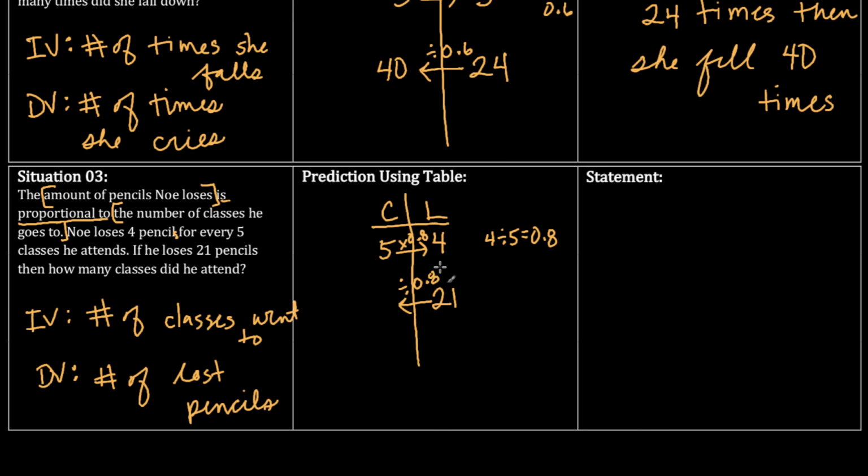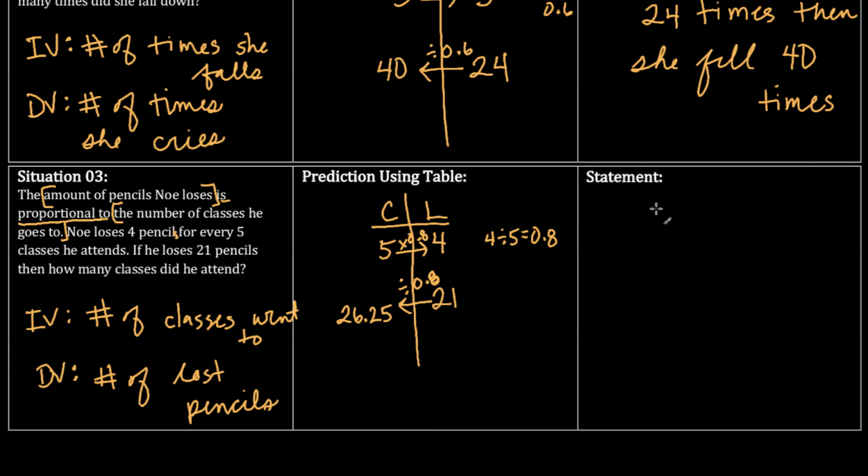So let me check that out. 21 divided by 0.8 is 26 and 1/4. Which doesn't make any real world sense, but I just wanted to throw a decimal in there. Maybe he loses pencils mid-class or something.